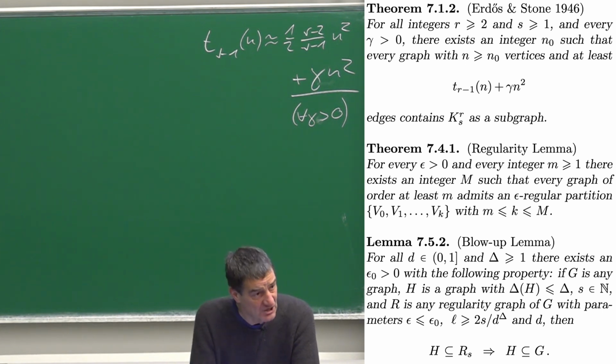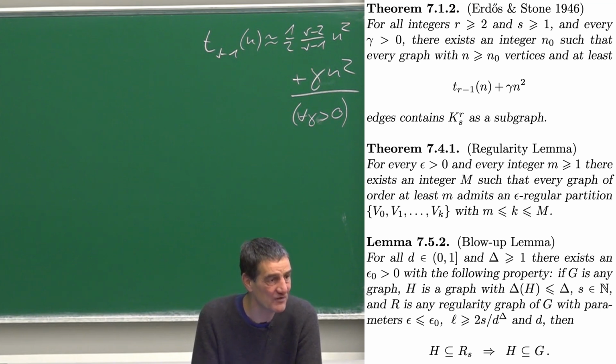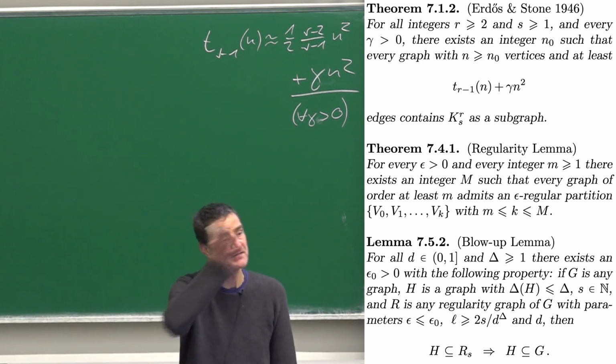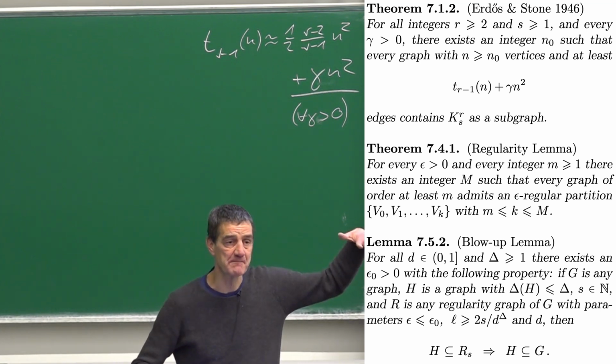Well, we want R to have many edges, right? Turán-many edges, so that R contains a little Kr. In order to give big R lots of edges, d has to be, yes, small, right? When d is small, then lots of pairs will have their density above this threshold d.